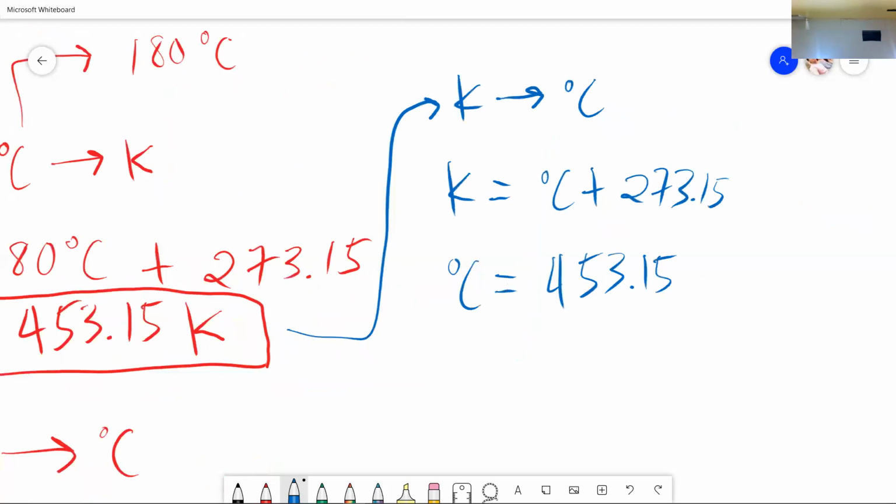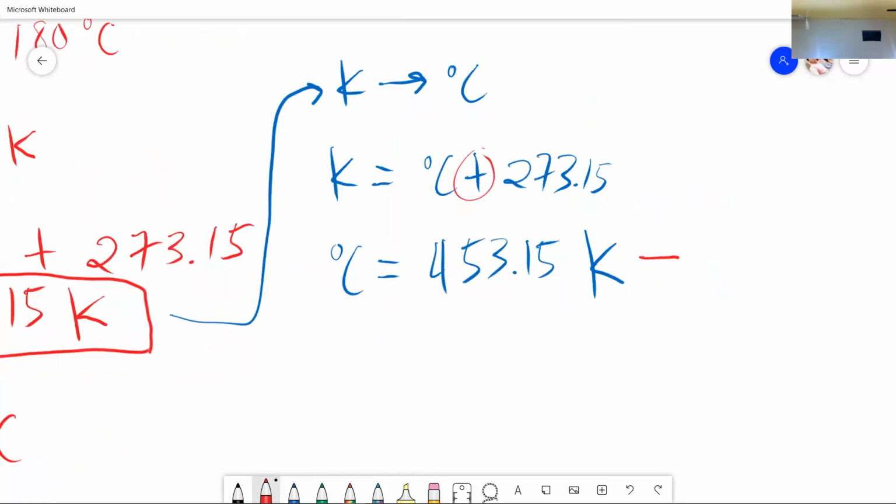Remember, if it is positive, change it to negative, since they are opposite.